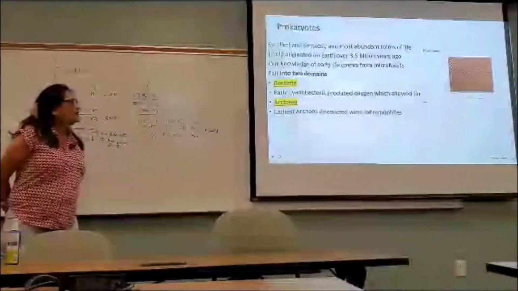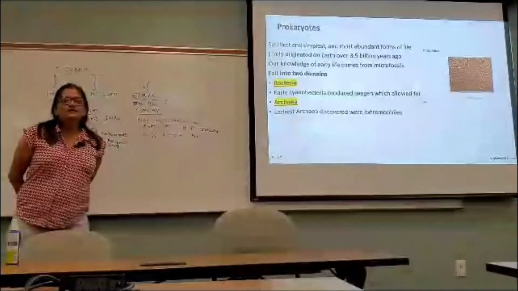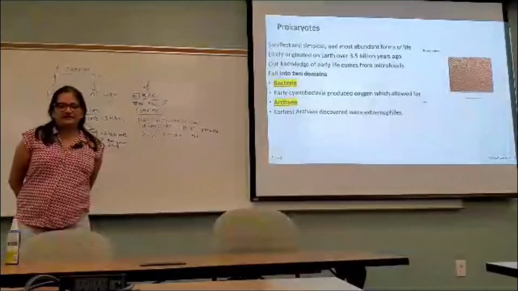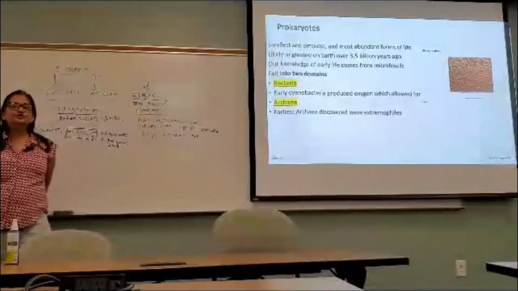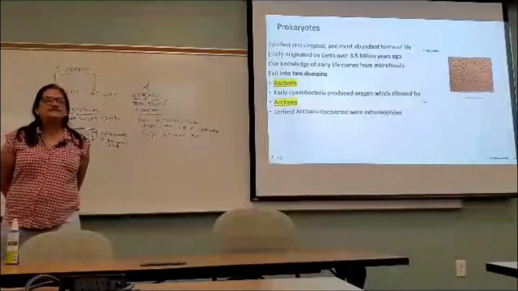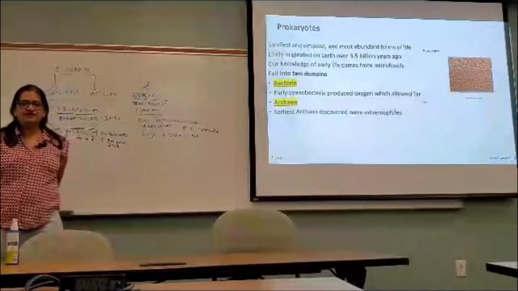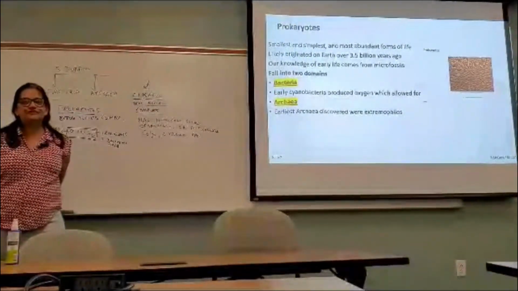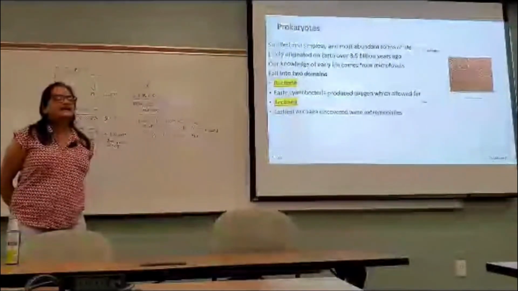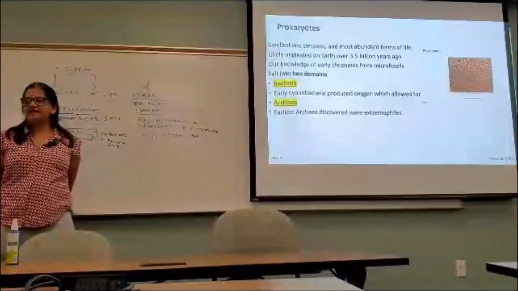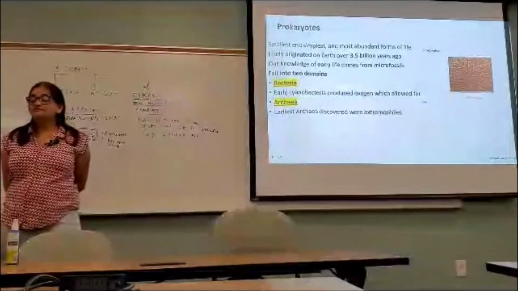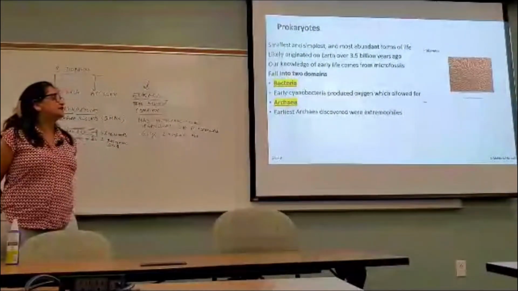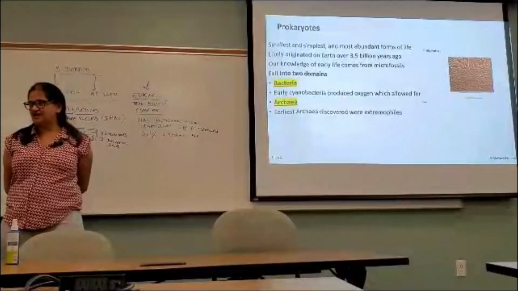Now, bacteria are the early cyanobacteria. Remember cyanobacteria? They used to be known as blue-green algae until it was found that they contain a prokaryotic cell. That's when scientists started calling them cyanobacteria.